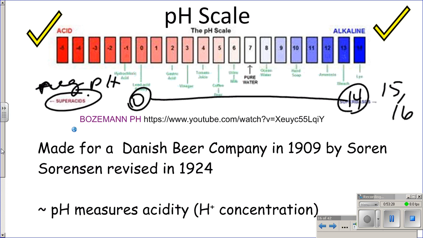They're superbases. So we'll go with the general 0 to 14, but we will see some negatives. Don't be scared. If you see above 14, don't be scared. Those are just above and beyond. What's our neutral point? 7.